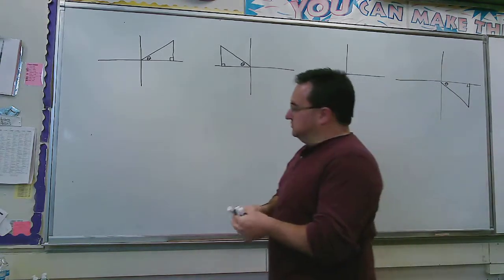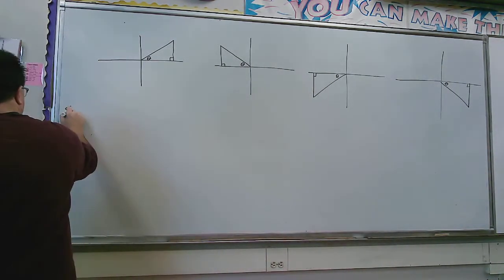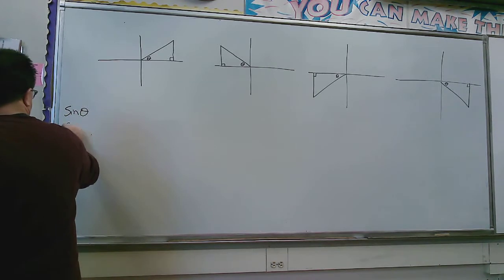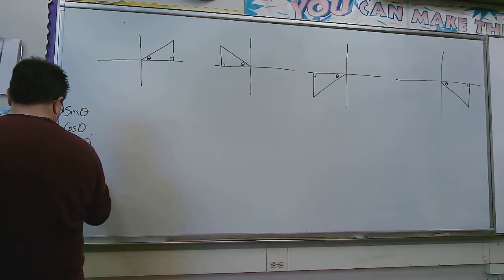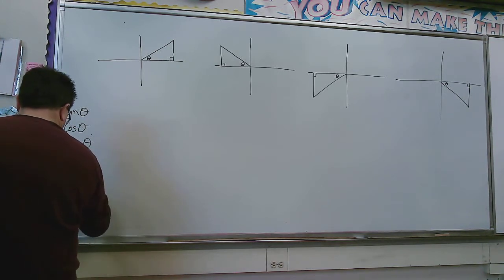All right, so I want you to think about, for each of these, sine, cosine, tangent, cosecant, secant, and cotangent.